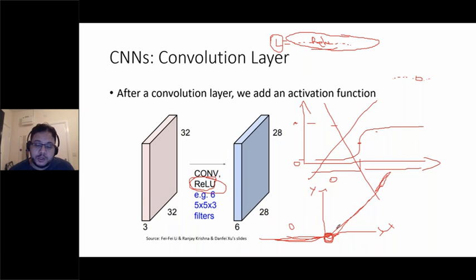Because the ReLU is not continuous, it's not derivable here. But it's not a big problem, because we can do the derivation according to this part when we are here, and according to that part when we are there. It's very rare to find ourselves exactly at 0 and try to use the derivative there. As you can see, the gradient is very hard to determine.